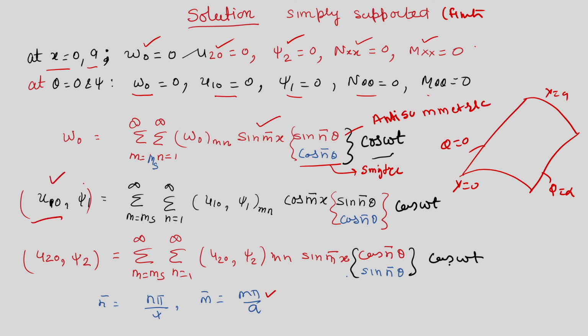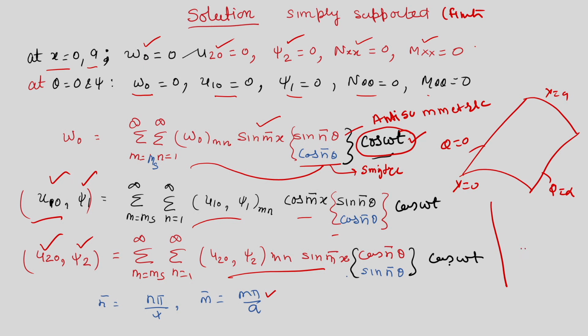Similarly for u1 0 and psi 1, u2 0 and psi 2. Already we are aware of this type of combination of cos and sin, and the new thing here is cos omega t, since we have u double dot, w double dot, psi 2 double dot. So w in the time domain varies as cos omega t.